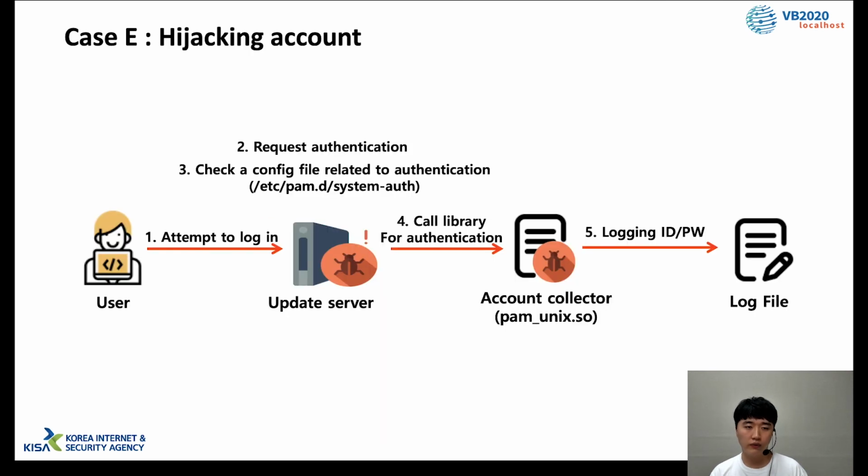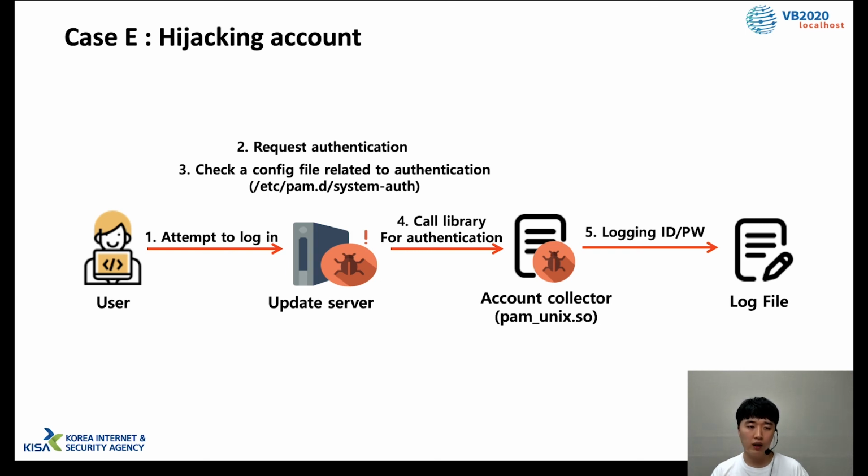The attacker modified pam_unix.so, which was the library file of the PAM module, the authentication framework used by Linux. This file performs functions like inspecting the validity of the user password and whether to allow service access.